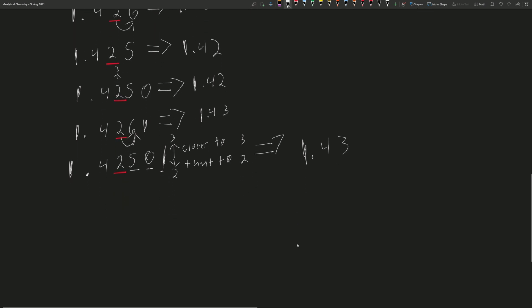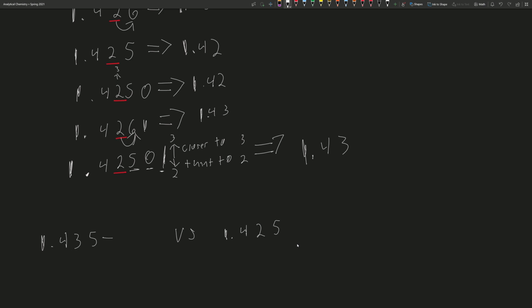Now I said even twice, so let's give an example where it's slightly different. So let's say 1.435 versus 1.425.